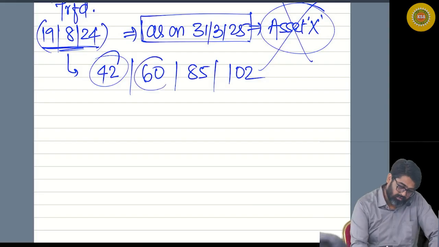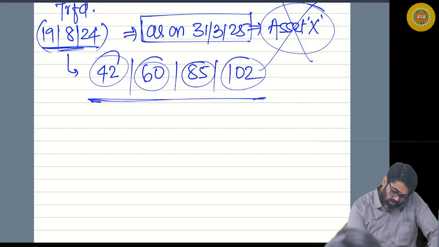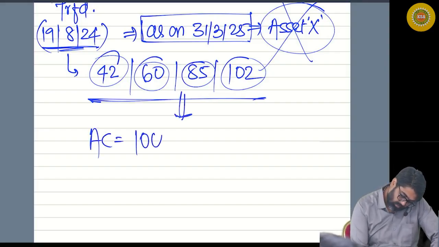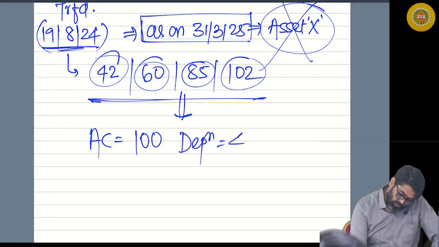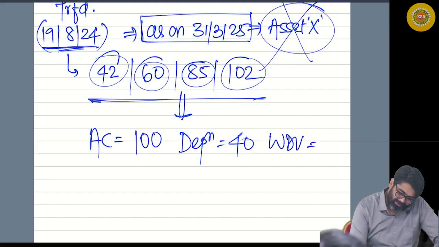Or you can get 60, you can get 85. You are getting this amount against an asset whose actual cost was 100. On that, so far the depreciation allowed is 40. And whose WDV as of now is 60.